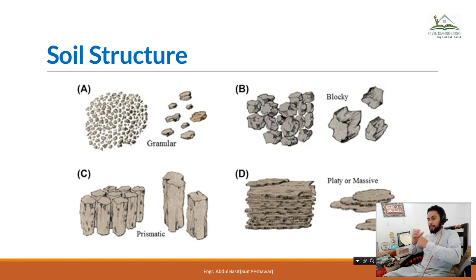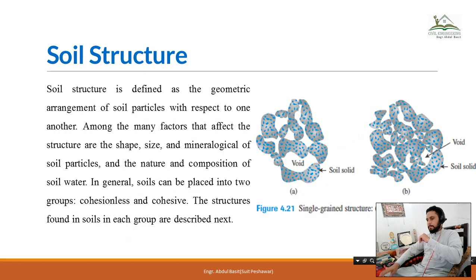Coming to the microscopic structure of the soil, here it is. I have already discussed these things, but coming to this picture, first of all, in this figure you can see that we have solid particles, and these solid particles may be clay particles, maybe grains, maybe silt, maybe sand, and maybe some combined type of material.